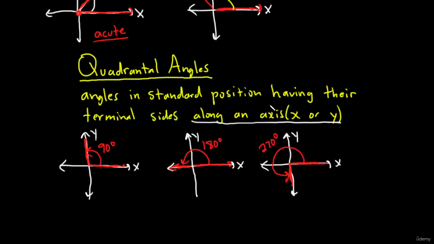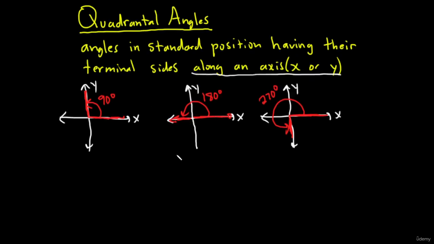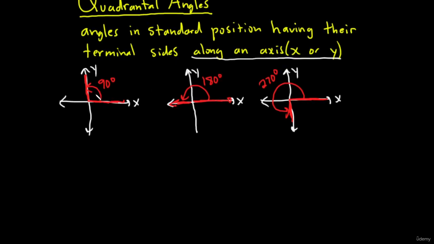Okay, but realize that I can take any of these angles and add 360. For example, if I take 90 degrees, let me use a different color here. So here's 90, and I end here. If I go around one full rotation, I end back up at the same place. So if I take any of these angles and I add 360, I end up at the same place.